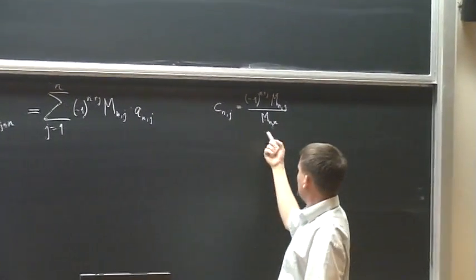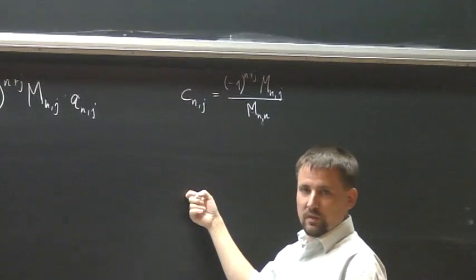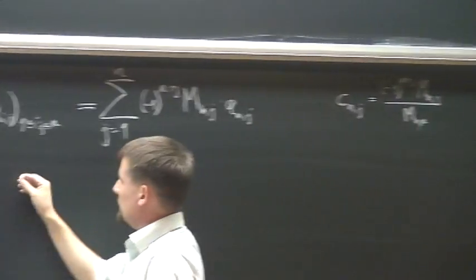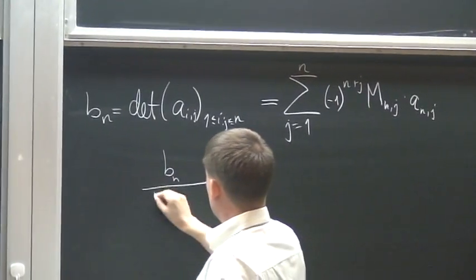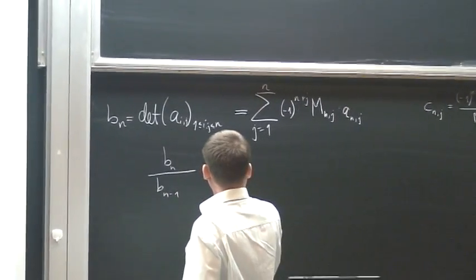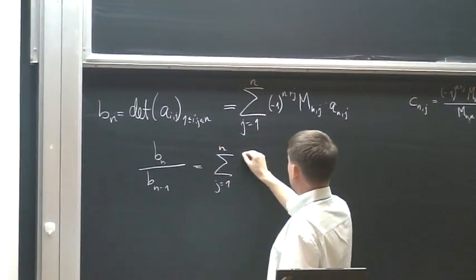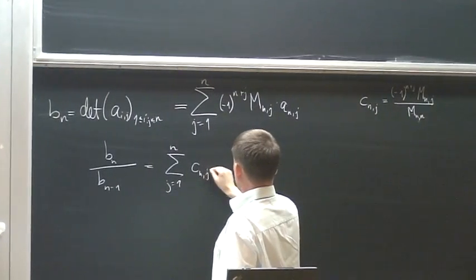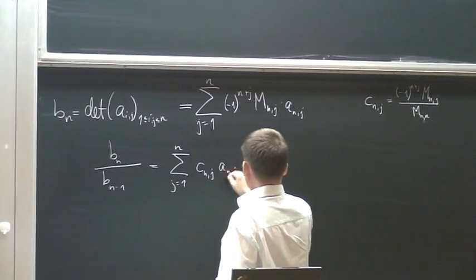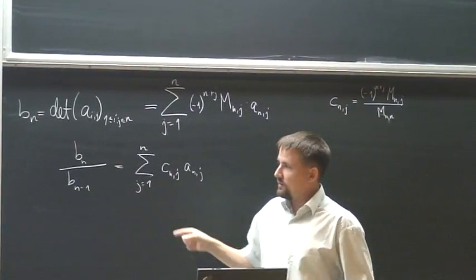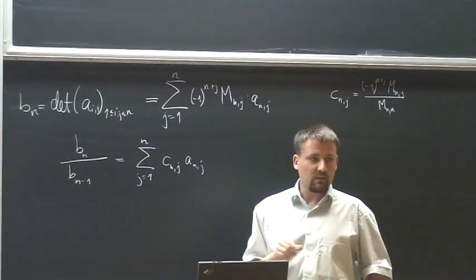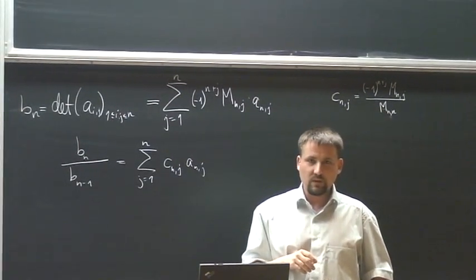It's just the minor with the last row and the last column deleted. So we get Bn divided by Bn minus 1 equals the sum over j from 1 to n of Cnj times Anj. And this is the last identity on the slide.